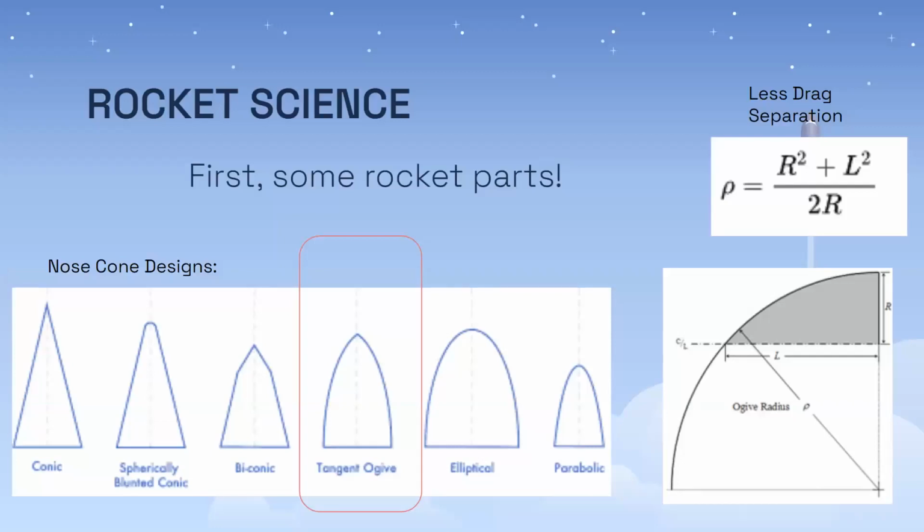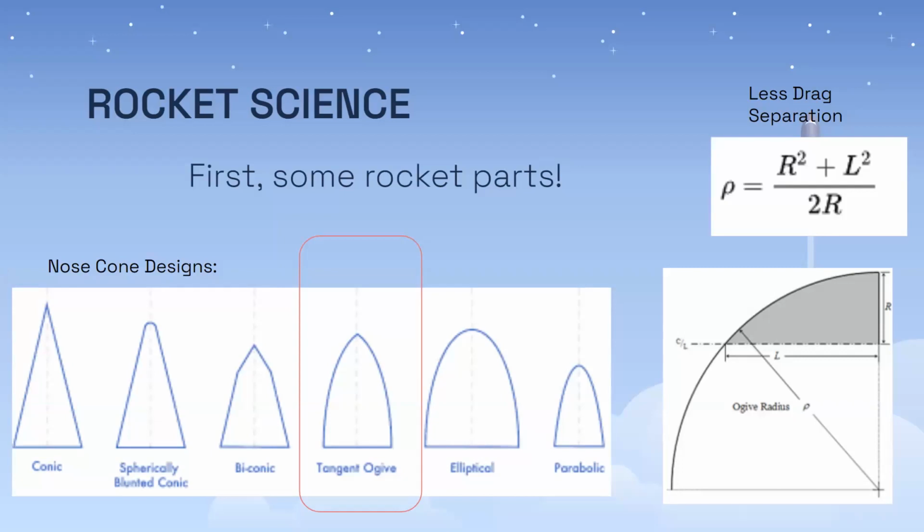So for some rocket parts. One of the designs for the nose cone include the cone, the spherically blunted cone, the biconic section, the tangent ogive, the elliptical, and the parabolic shaped cones.